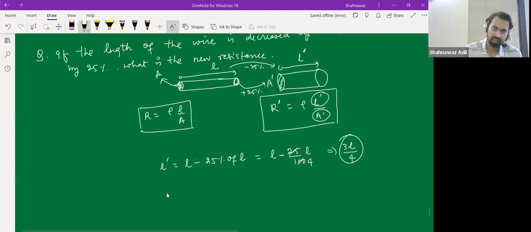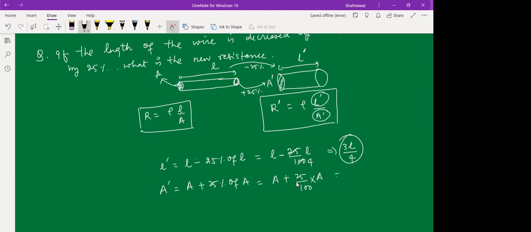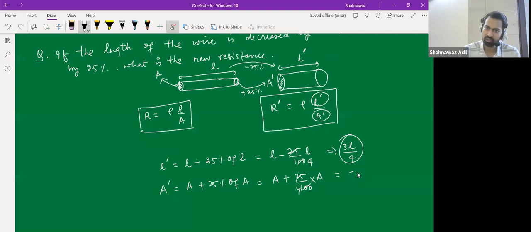And now what was the new area? So this is increased by, so A plus 25% of A. So this becomes A plus 25 by 100 into A. This is how much? 5A by 4. Is that clear? So now R prime would be how much?